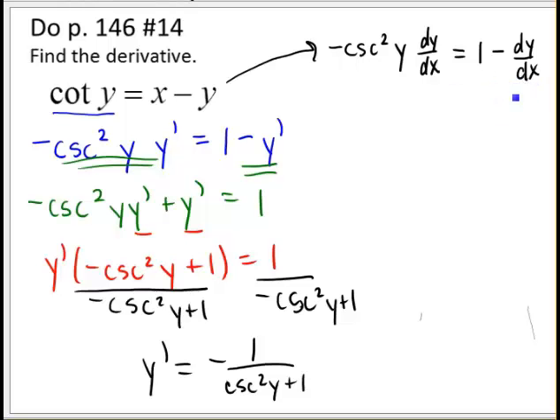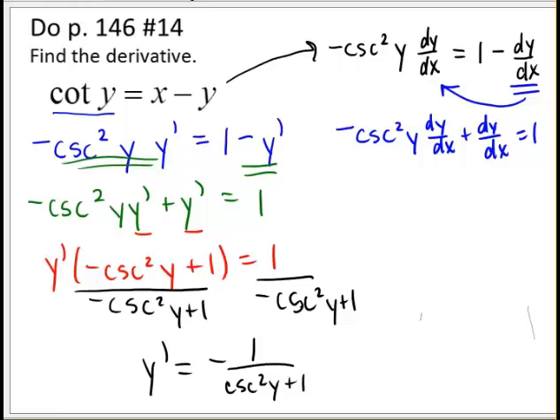So I'm going to move my dy over dx to the left-hand side. I have negative cosecant squared y dy over dx plus dy over dx equals 1. Factor out my dy over dx. Remember, that is a y prime.